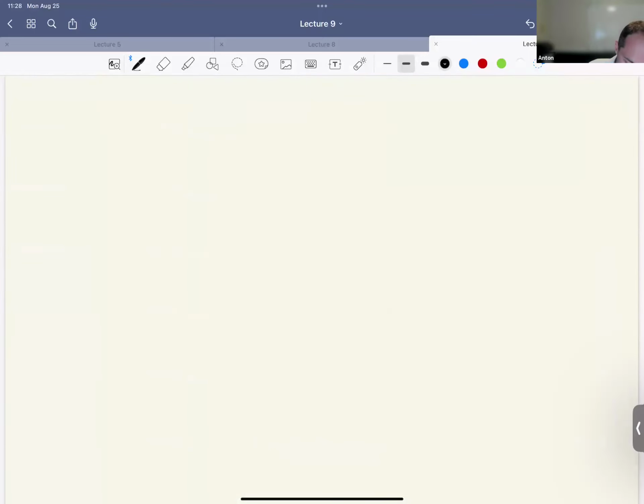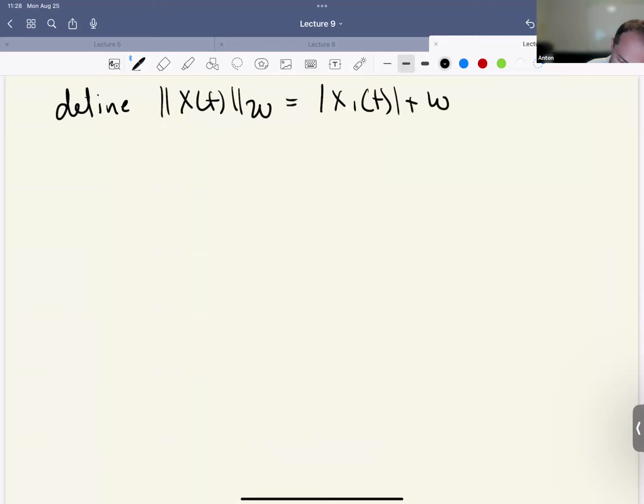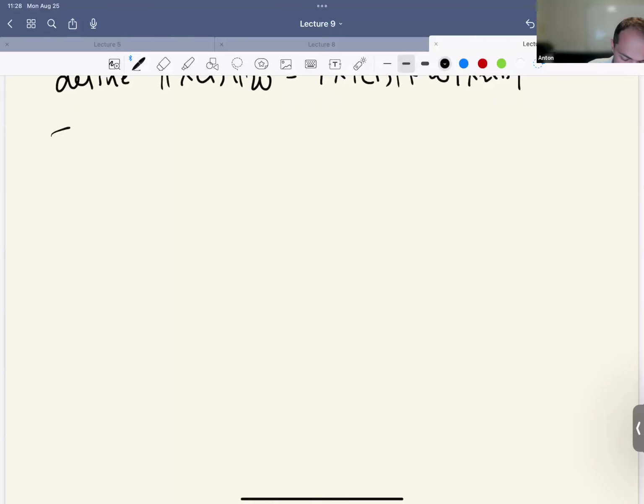And not only do we have to reparameterize, we define the W norm of a process x of t sub W. This is the norm of x1, the first coordinate, plus W times the norm of the second coordinate.